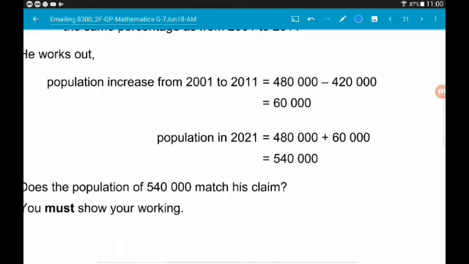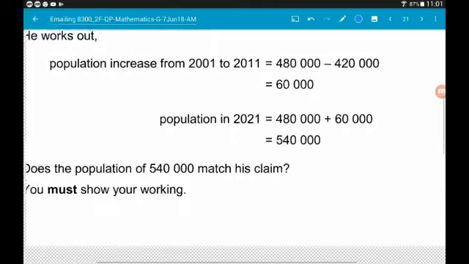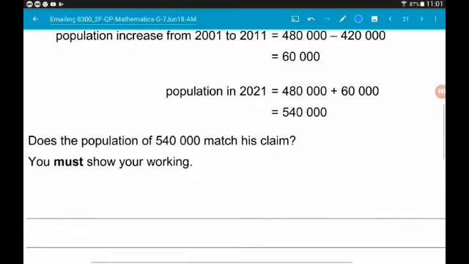Then he works out the population in 2021 will be 480,000 add 60,000, which is going to give us 540,000. Does the population of 540,000 match his claim?